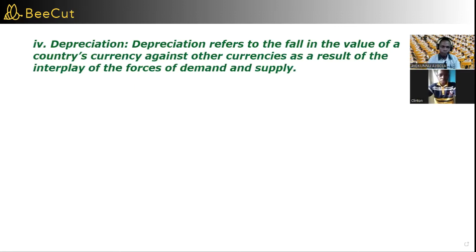Then the next terminology, which is probably the last we're looking at, is dumping. Dumping is the practice of selling goods in foreign countries at lower prices than what are obtainable in exporting countries.